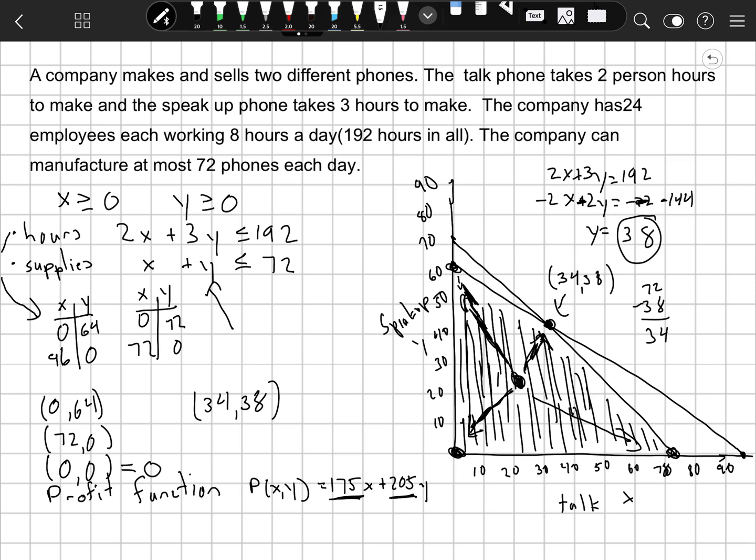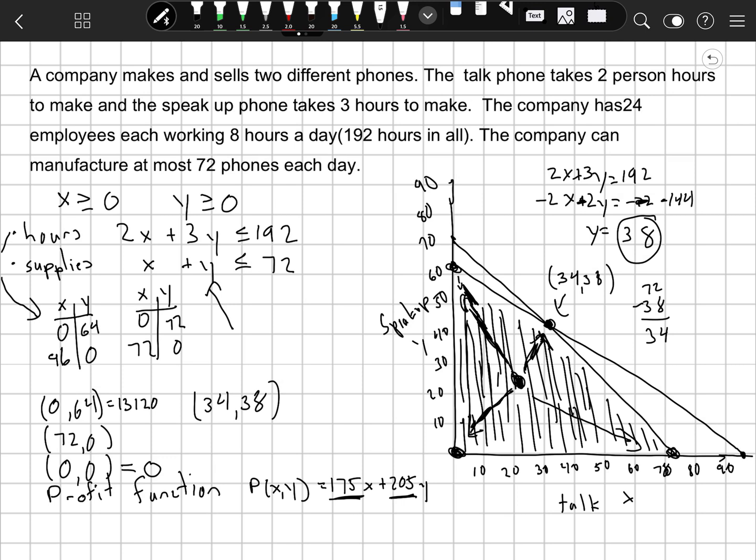I started with the easy one. Let's go to the next one. Let's go 0, 64. So I'm going to go 175 times 0 plus 205 times 64. And I get 13,120. Okay, let's go 72, 0. So 175 times 72 plus 205 times 0.